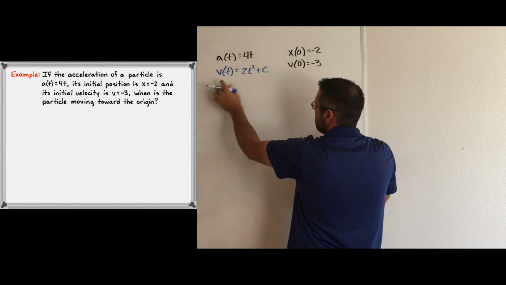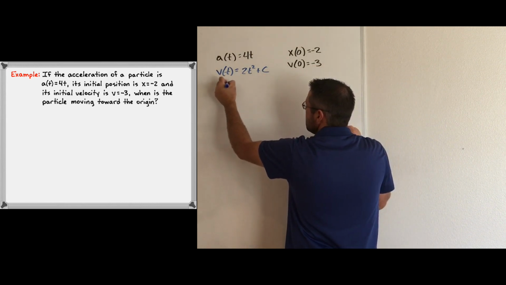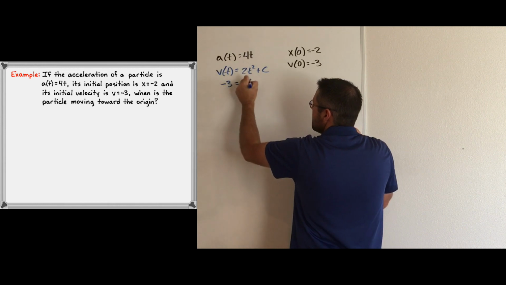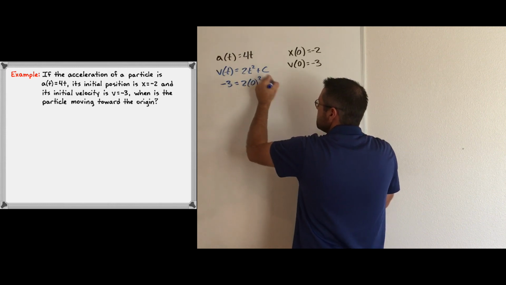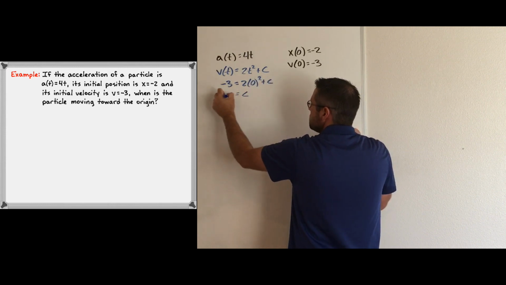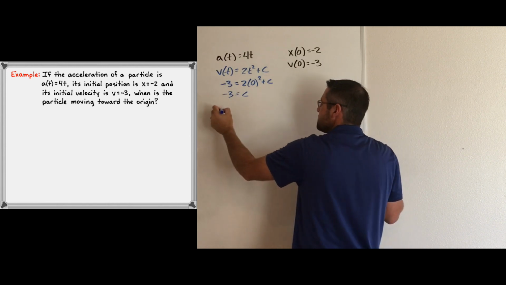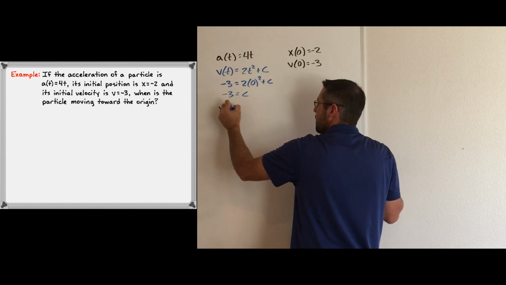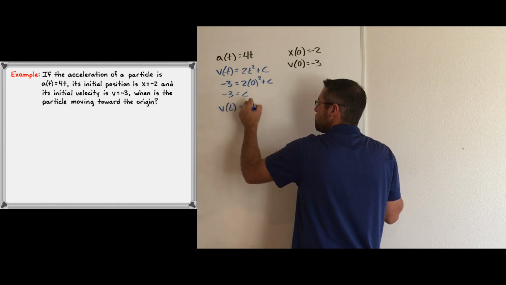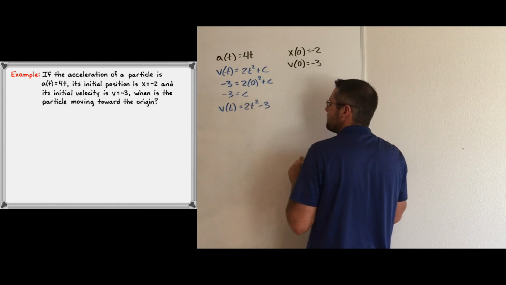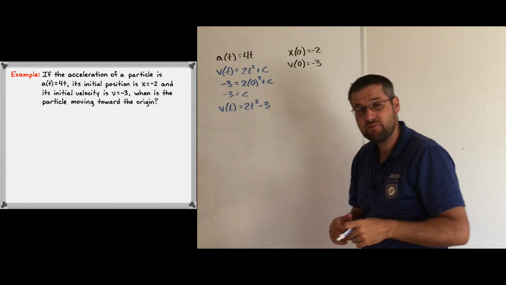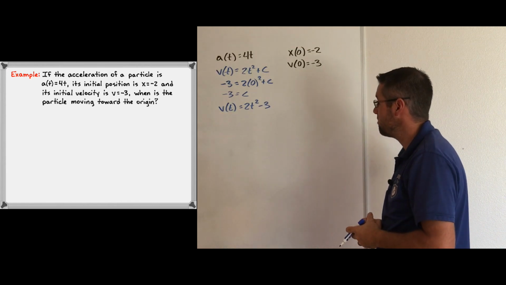So I can plug that in here. The velocity is -3 when the time is 0. Simplifying this, we end up with c equals -3. So my velocity function then is 2t squared minus 3.